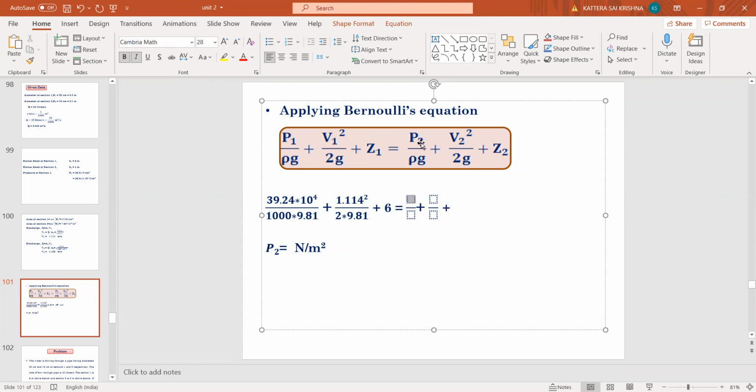Next, do we have P2? No, we need to find P2. So P2 we need to calculate, divided by rho, again density 1000 into 9.81. Next, what is the V2 value?